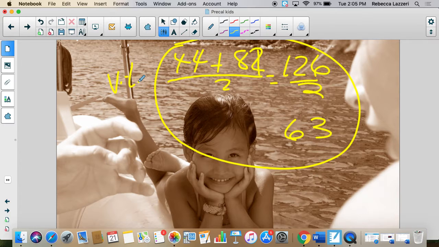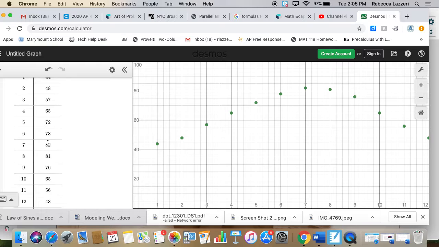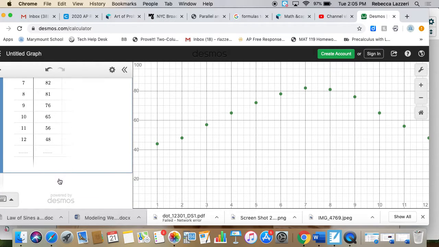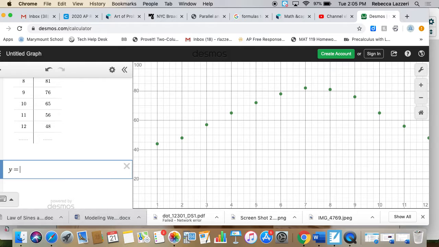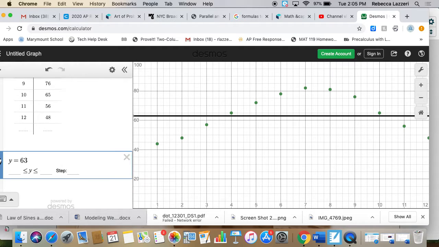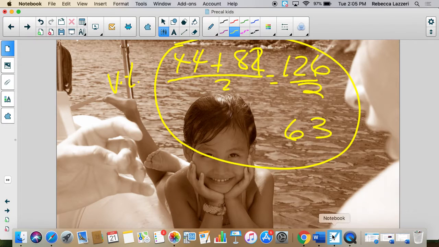So in my data, if I start to write my equation, y equals 63, and it looks good. It cuts through right at the average temperature. Okay, so now let's find the amplitude. The highest temperature was 82, so for the A part, the amplitude, I would say 82 minus 63.